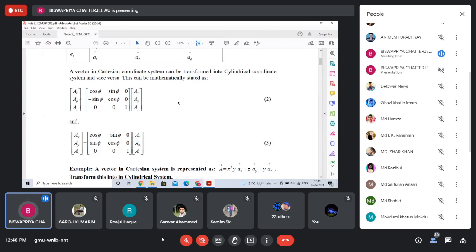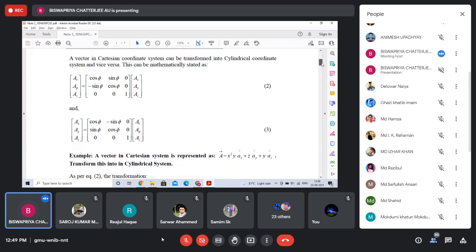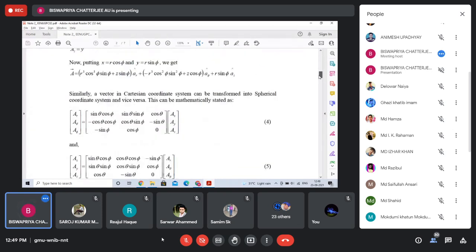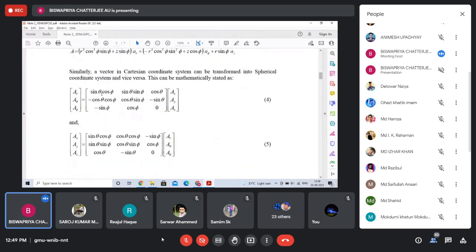Equation 2 represents how you convert a vector in Cartesian system into a cylindrical one, and equation 3 represents how you transform a cylindrical vector into a Cartesian one. Similarly, the same way from Cartesian to spherical and vice versa, from spherical to Cartesian, the guiding formula is given.